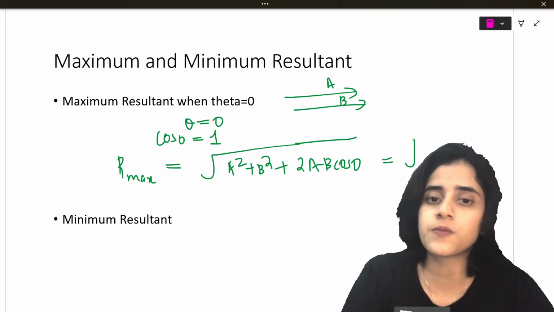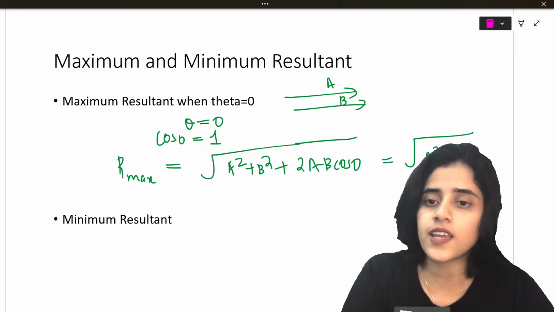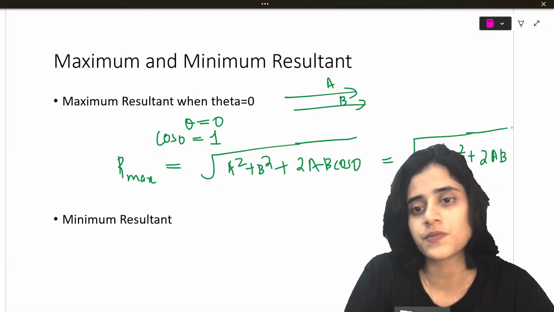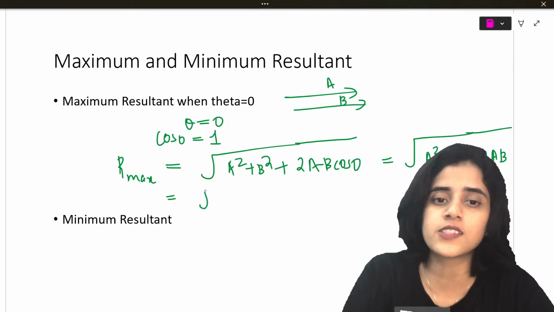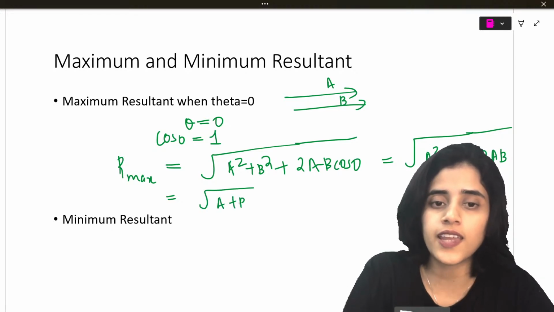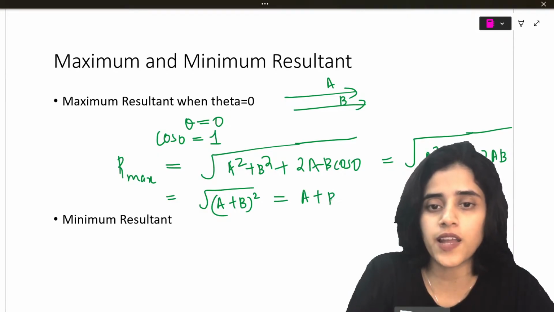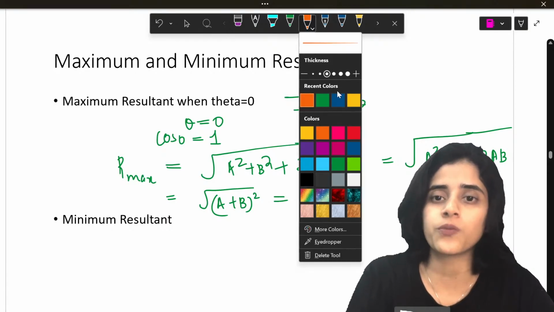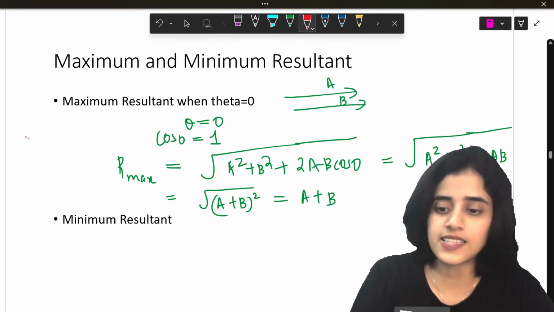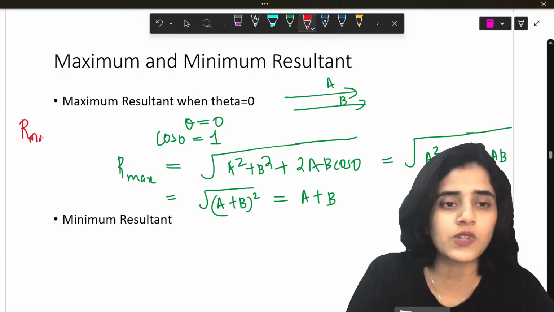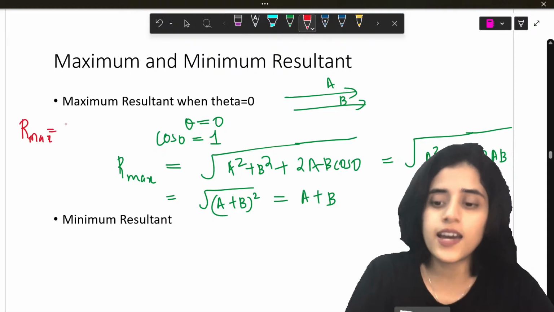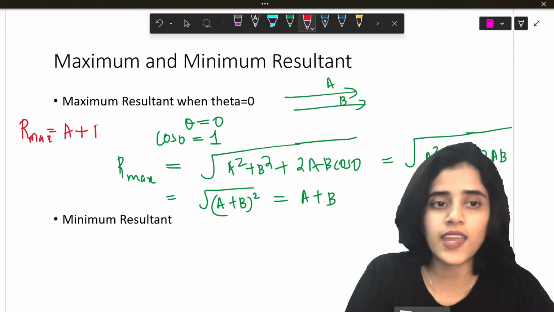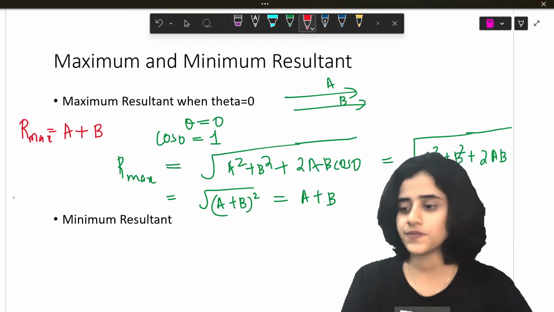So this is square root of A square plus B square plus 2AB. Now this is square root of A plus B the whole square, which is A plus B. So when resultant is maximum, R is equal to A plus B.